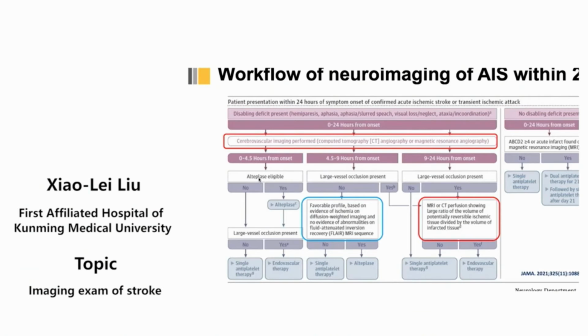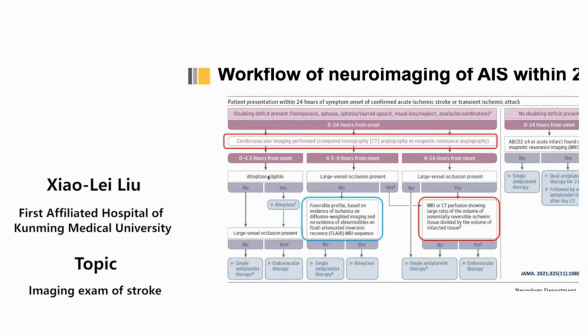AIS patients. If eligible, we should give alteplase to the patients. And if the patients receive alteplase and have a large vessel occlusion, we could then do endovascular therapy.